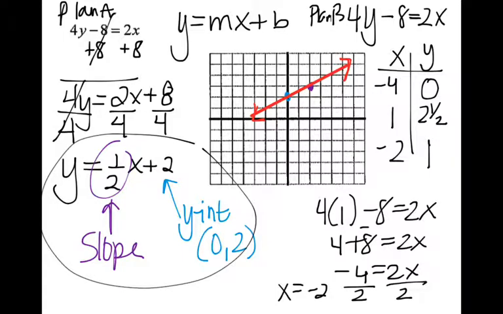Alright, so now that I have my points, I'm going to graph these. I'll use green. So my first ordered pair is over negative 4 up 0, then over 1 up 2.5, and negative 2, 1. Now if you notice, these 3 points I plotted, these green ones, are still on the same line. So I know we're correct.